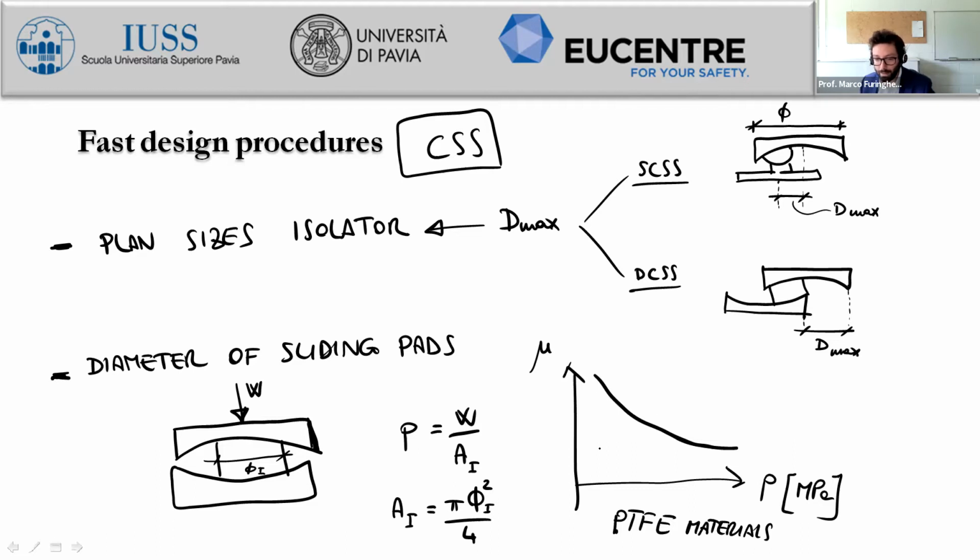We can consider an approximately constant value of friction coefficient if we consider pressures higher than 30 megapascals, and the maximum pressure is 60.